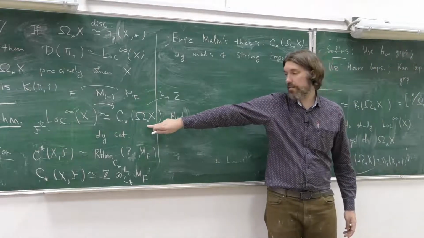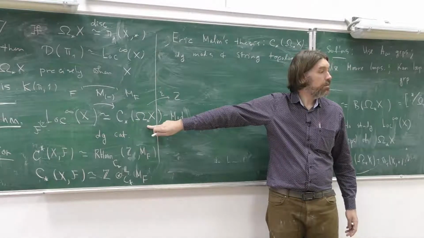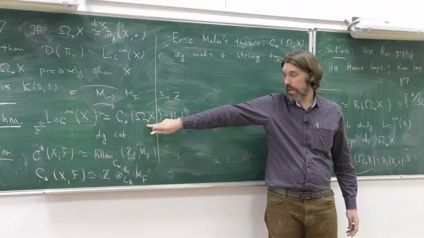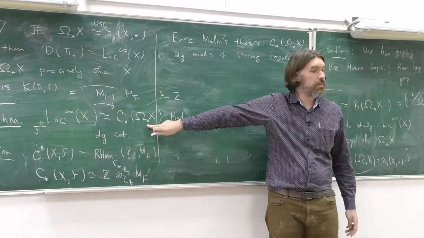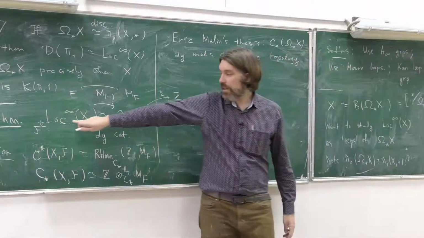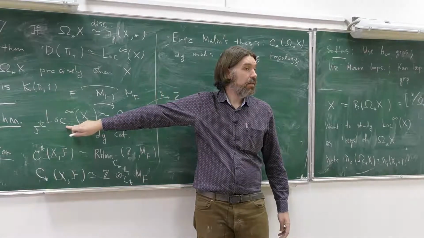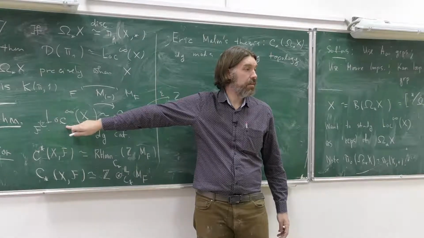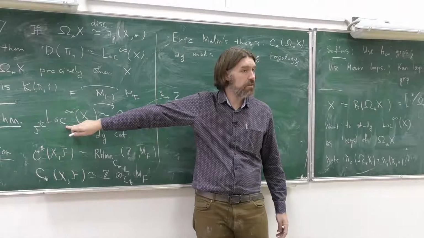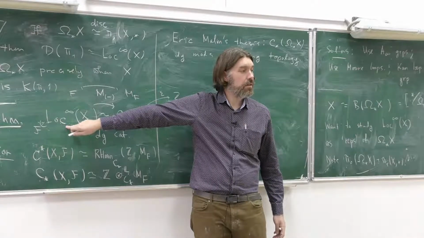Notice that this right-hand side, it's obvious from this point of view that it only depends on the homotopy type of X. When I define this as a subcategory of sheaves, it wasn't obvious that it only depended on the homotopy type of X, because the category of all sheaves depends on the topological space.